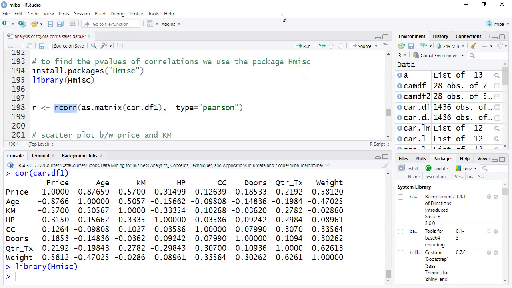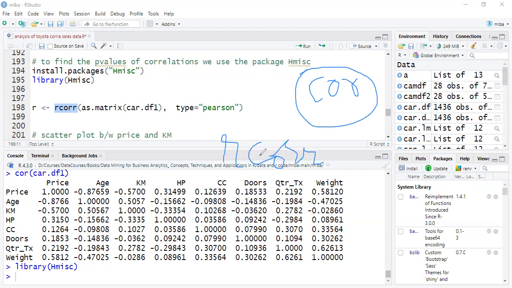The next command which I am mentioning here is rcorr. Instead of cor, which is a simple command in core R for finding correlations, we use the rcorr command, and here we have two r's. In the previous command, I have only one r. What is the difference between the two?